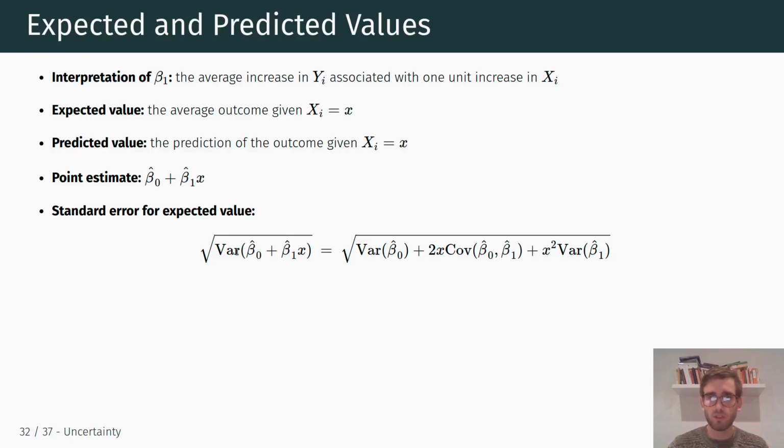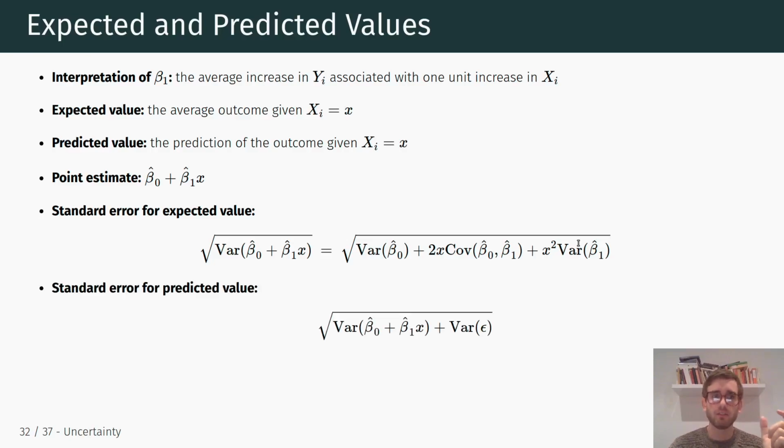Beta 0 and beta 1 are not uncorrelated. So we have the variance of beta 0 plus 2 times x times the covariance of beta 0 and beta 1, where we can pull x in front of the covariance, and x squared times the variance of beta 1, pulling x in front of the variance, which turns into x squared. Okay, so that's the standard error for the expected value.